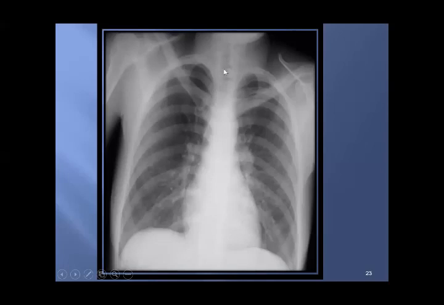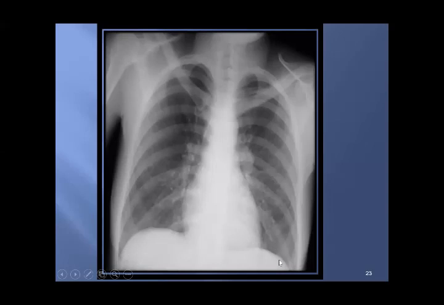This is the trachea. It is central. The most important thing in the respiratory system is to concentrate on whether the trachea is central or not. Then you look at the lung margin. These are very defined margins and edges of the lung. This is called the costophrenic angle and this is the cardiophrenic angle on both sides.